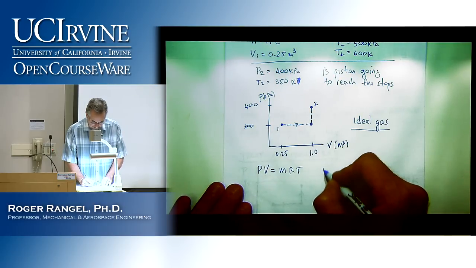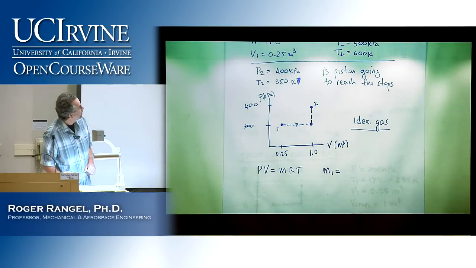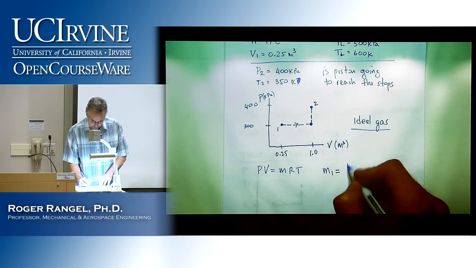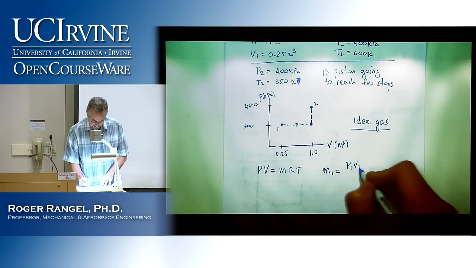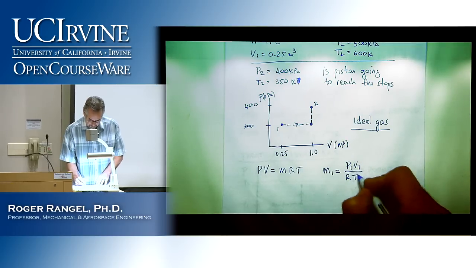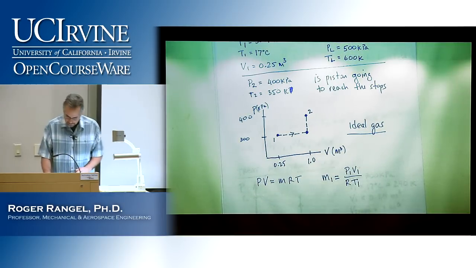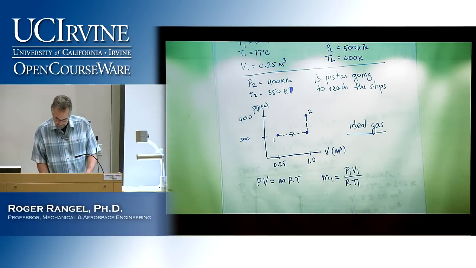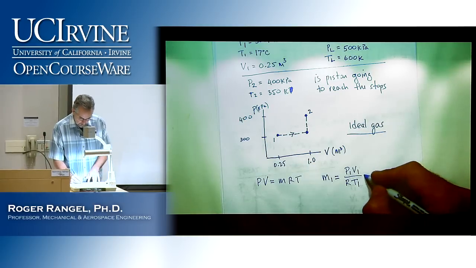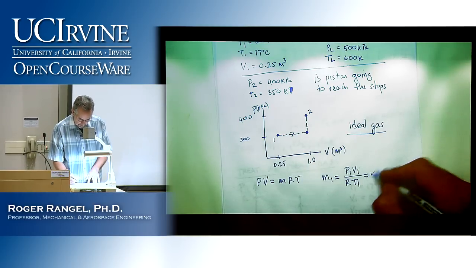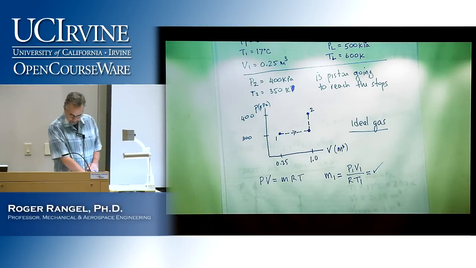So I can find the initial mass M1 as P1 V1 over R T1. And all those are given. I don't have the number. I will let you do the actual calculations, but you can find the initial mass.